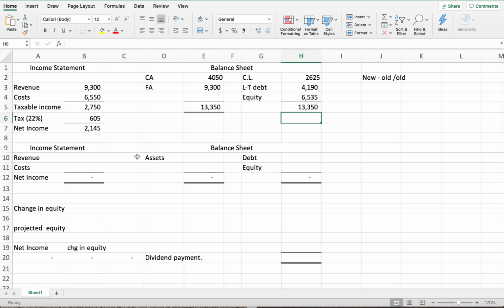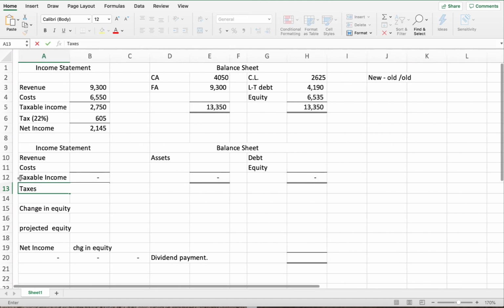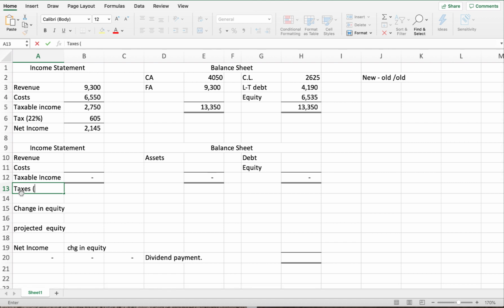So now, what do we got going on here? Well, I'm going to try and talk while I'm switching this. So we know that sales, costs, assets, and current liabilities all are going to increase by that 17% because they're proportionate to sales. Okay, so that's the first thing we're going to do.